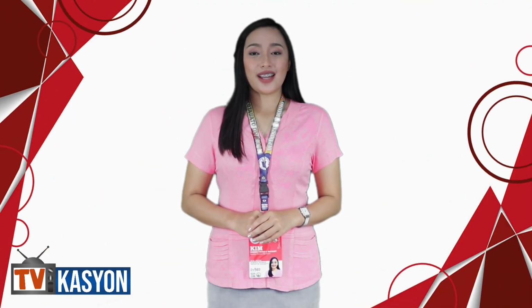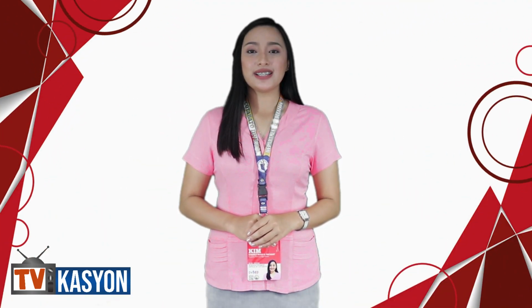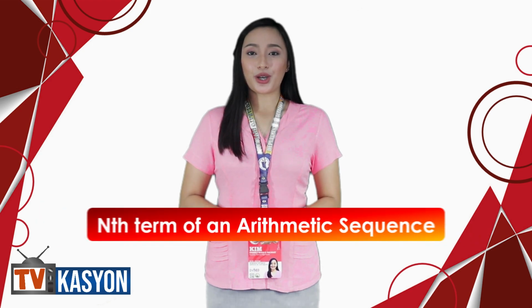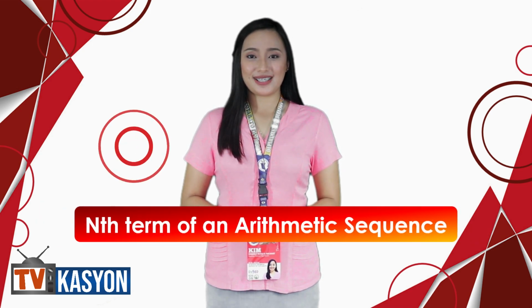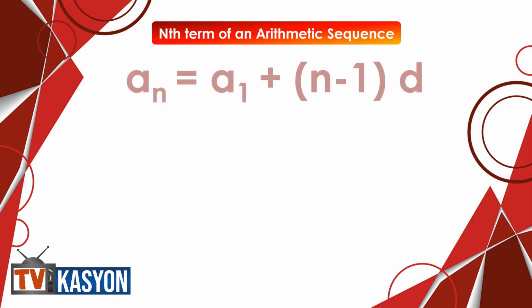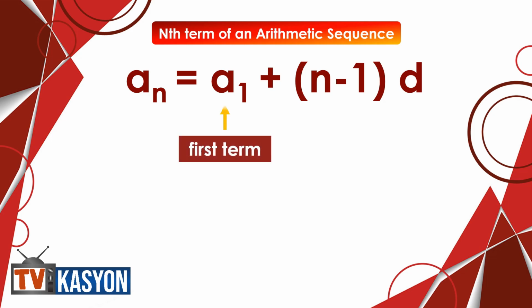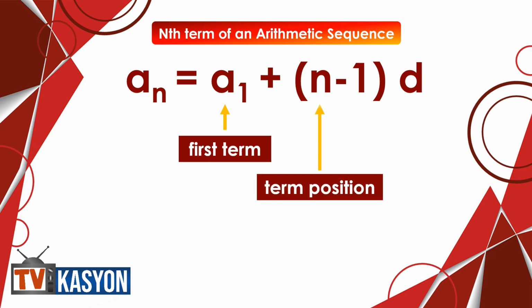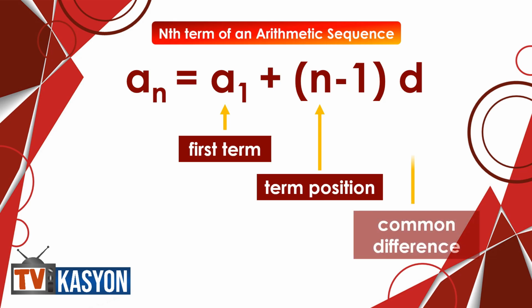Now that you're all set to learn more about sequence, let's start with the nth term of an arithmetic sequence. The nth term of an arithmetic sequence, denoted by a_n, is given by a_n = a_1 + (n - 1)d, where a_1 denotes the first term, n denotes the term position, and d denotes the common difference.